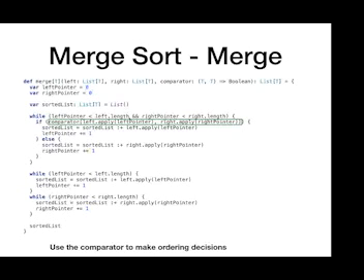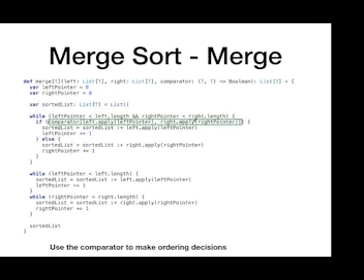As long as neither pointer is at the end of its list, we're going to compare what the two pointers point to. The comparator will break ties arbitrarily. Whichever one is less than or comes before according to the comparator, we're going to append that to the sorted list and advance that pointer.